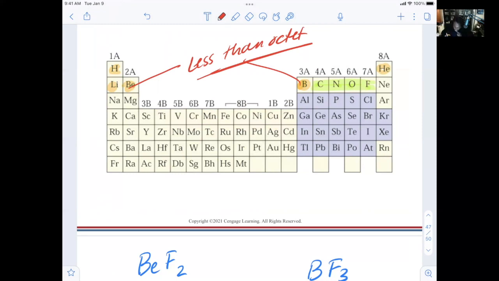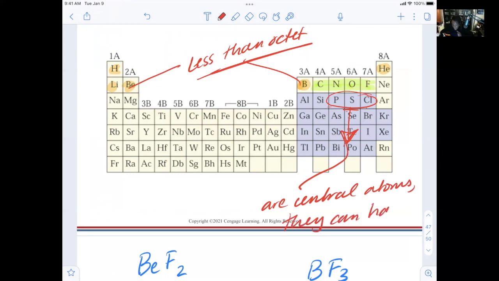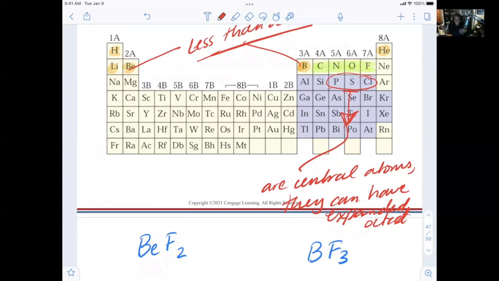Now, what about this one right here? If these elements here and below, so we see phosphorus, sulfur, chlorine, if these and below, we're going down, if these are central atoms, they can have expanded octet. Okay. So you want to be aware of that. In the majors class, we tend to look at that more deeply, and they have to memorize more.